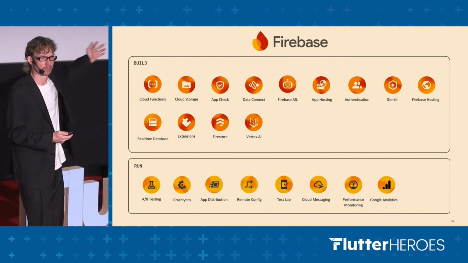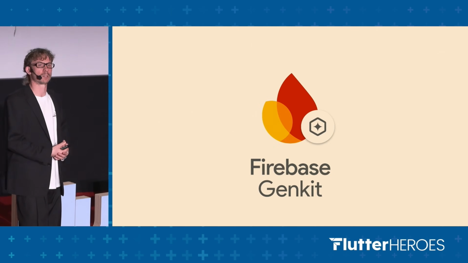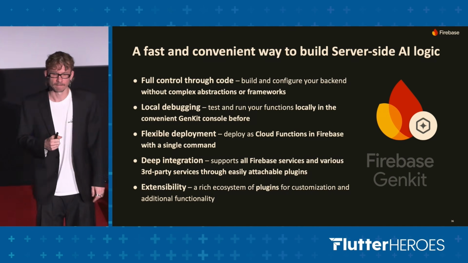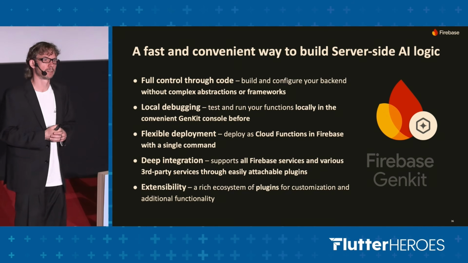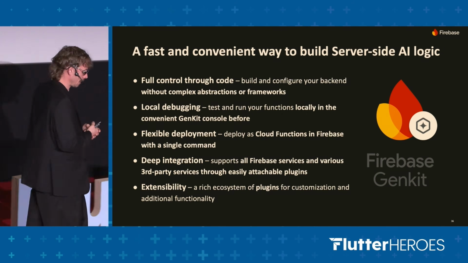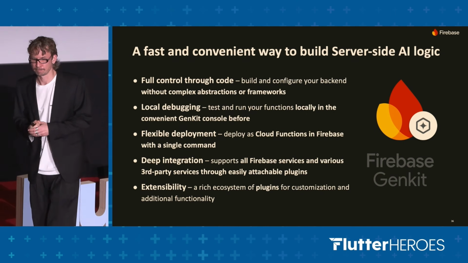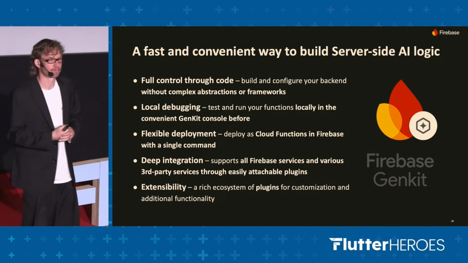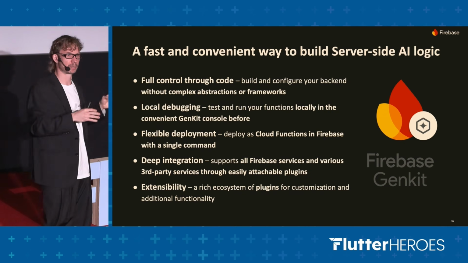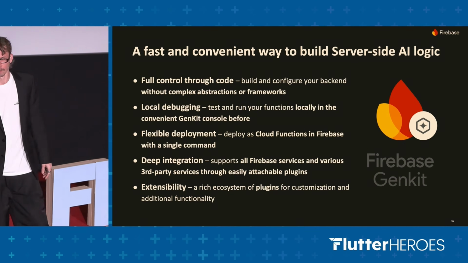So there are tons of different services for different purposes. And today we're talking about Firebase Genkit. There is a slide with an explanation. So Genkit allows you to work with AI application architecture with full control through the code, without new concepts, new adapters, AI orchestration, all these things.